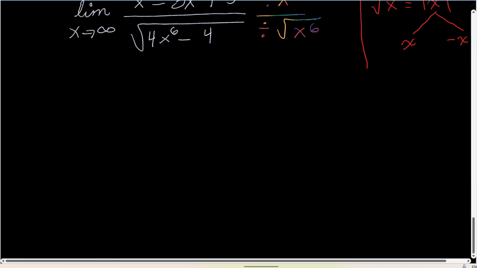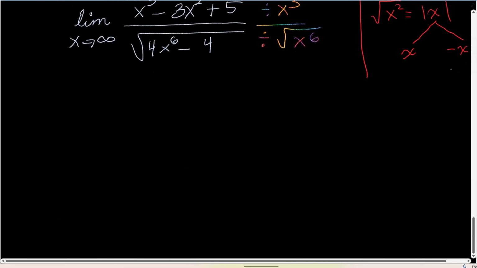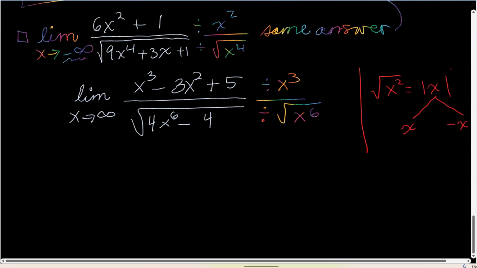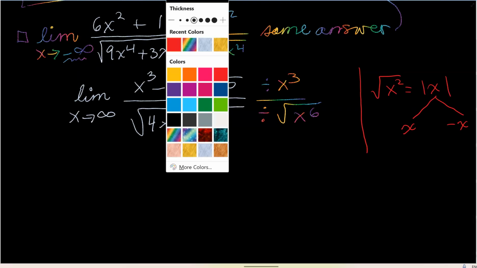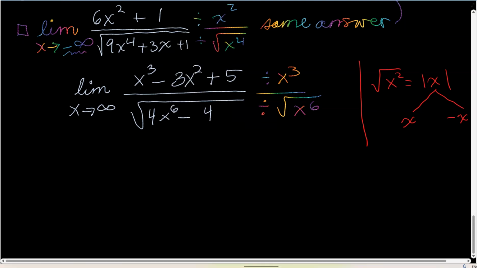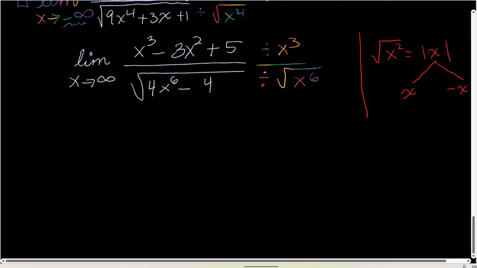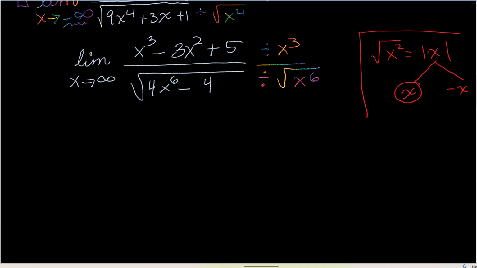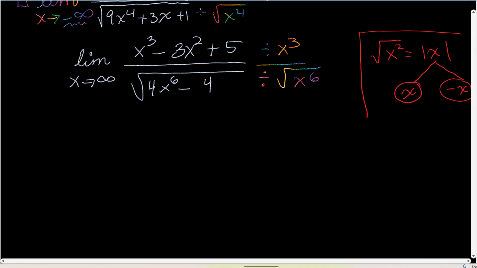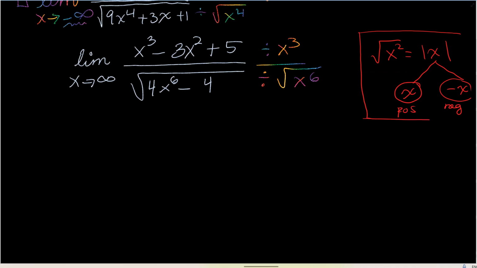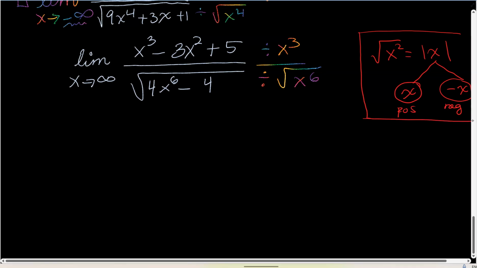So you really do have to pay attention to this. Excuse me for that coughing there. Sorry about that. So this right here would be positive or negative depending on whether x is a positive number or a negative number, right? Because the opposite of a negative number is a positive number.